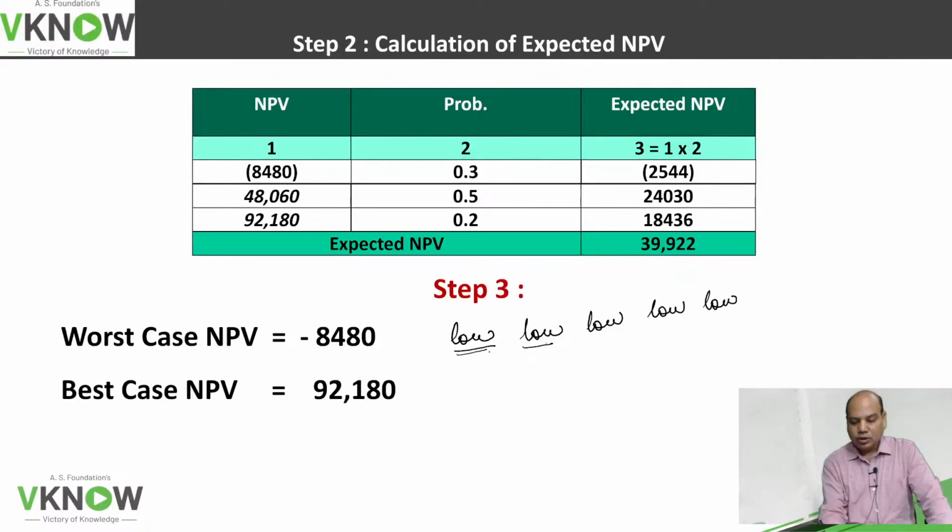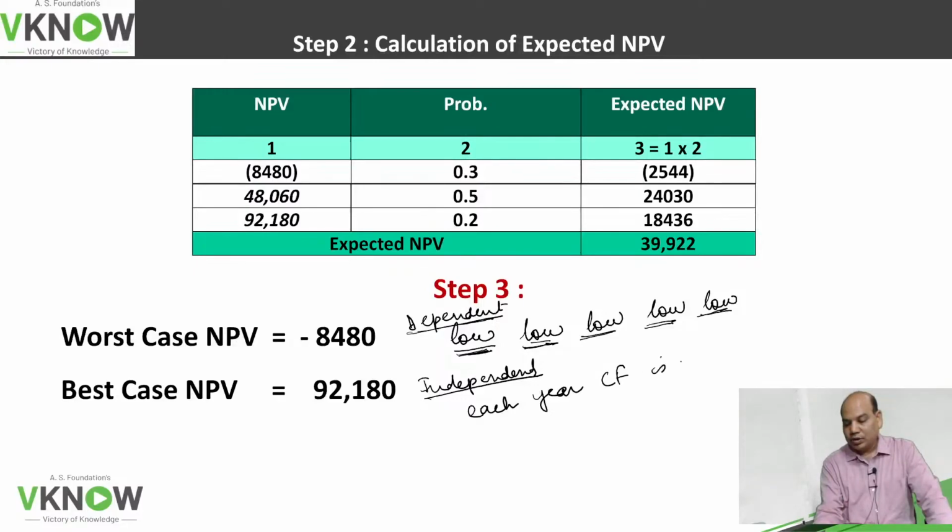And this is the meaning of dependent: if cash flows are low in 1 year, then in all other years it is bound to be low. And independent means each year cash flow is independent of previous year.